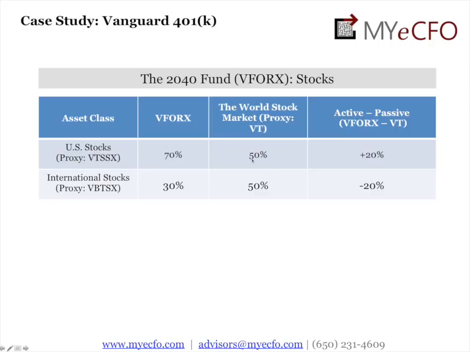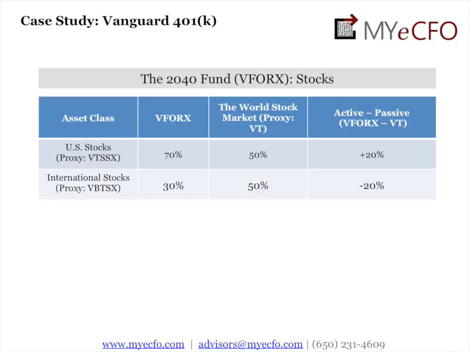So really what the folks at Vanguard are doing with the 2040 fund is they are taking a plus 20% bet on the U.S. and a minus 20% bet on international stocks relative to the world. So what they're saying is that U.S. stocks will outperform international stocks. And that is an active bet, right? If you wanted to invest passively, again, you would invest 50-50 U.S. international, but you're not. In the 2040 fund, the folks managing that fund are making this implicit bet.